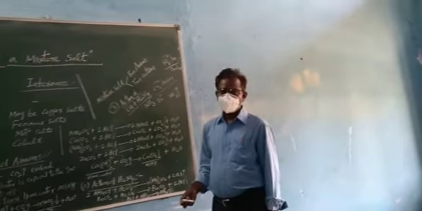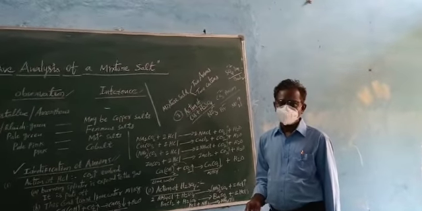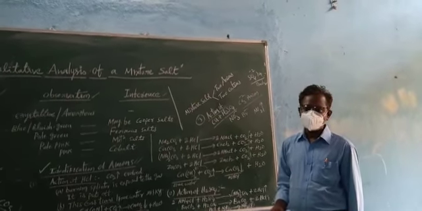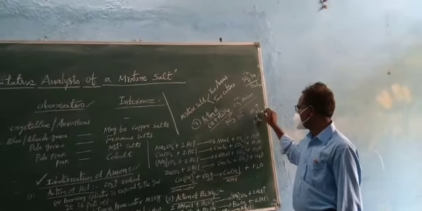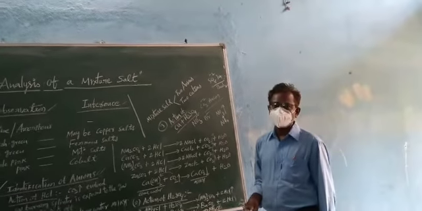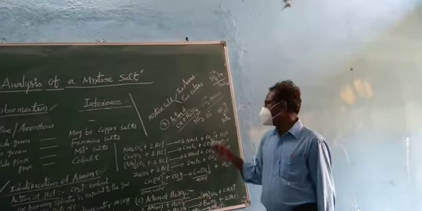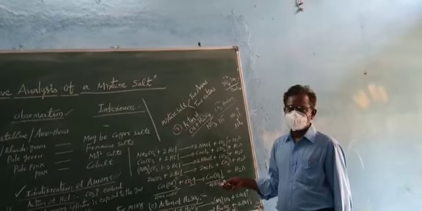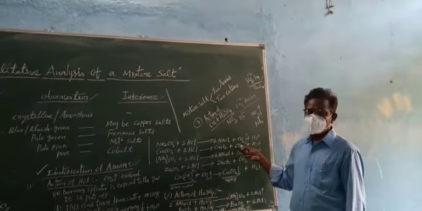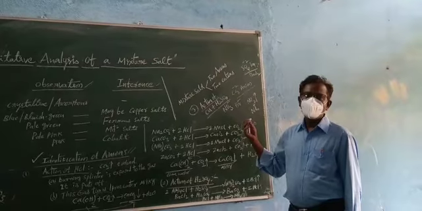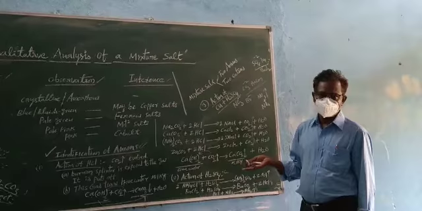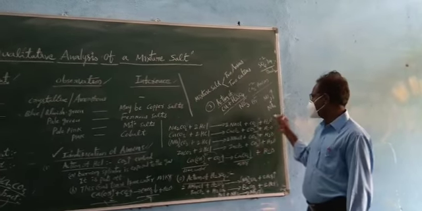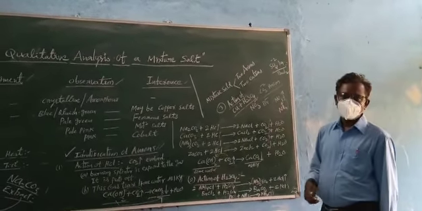For cations, first you find out whether ammonium ion NH4+ is present or not. When you get ammonium chloride, ammonium carbonate, ammonium sulfate, like that ammonium salts, you will get the positive reaction of ammonium ion.